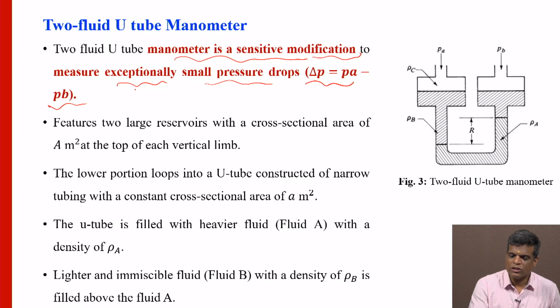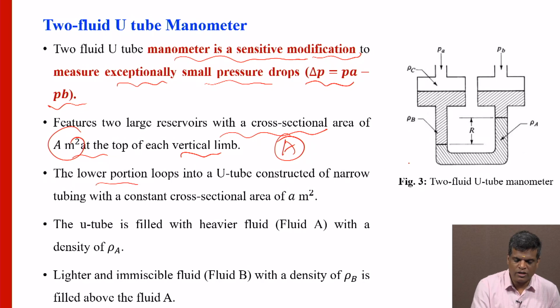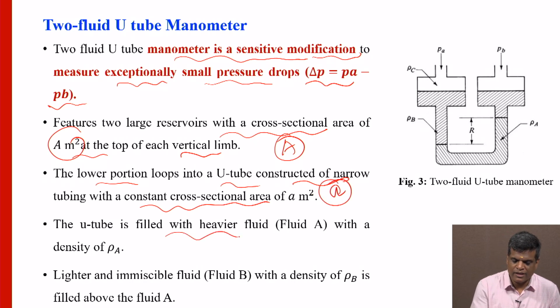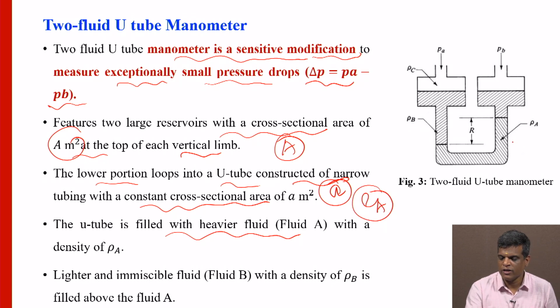So, there are two large reservoirs. The cross sectional area at the top of the vertical limb is capital A. In the same way, the lower portion of the U tube has a cross sectional area of small a. Again, rho A is the density of the heavier fluid, and this is heavier compared to rho B. Rho B is the lighter fluid, and both are immiscible.